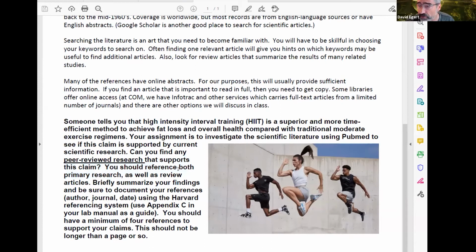Again, you can reference both primary research and review articles. Do not go into Men's Fitness magazine, like, high intensity training for your future or whatever, popular article. That's not what you're looking for. You're looking for people who've done scientific research where they are having a controlled experiment and looking at the results.